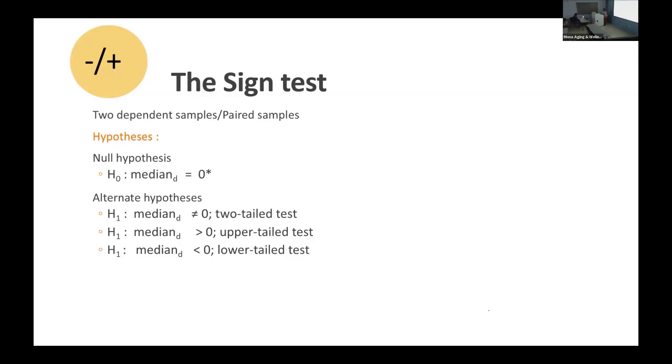Let's say if we apply it to the same lead example, you subtract the 1999 values from the 1994, that becomes your differences, and instead of taking the mean, you take the median. And we're saying the median is 0 under the null. And then the alternate hypothesis is that your median is not equal to 0, a 2-tailed test. Your median is the median difference. The median difference is greater than 0 for your upper tail test, and the median difference is less than 0 for your lower tail test.